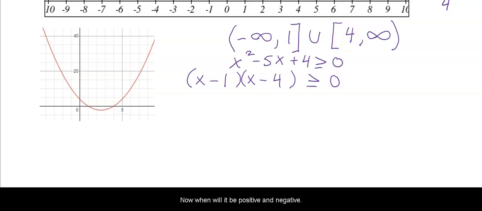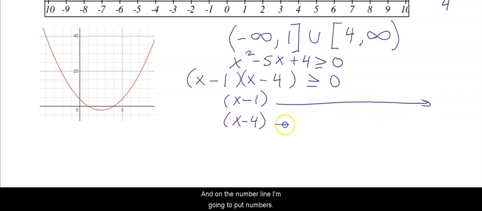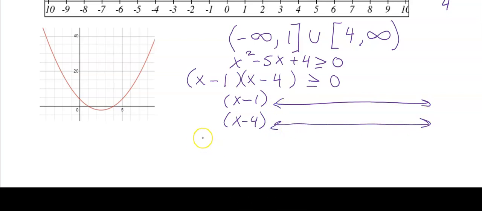Now, when will it be positive and negative? Again, there are various ways to do this, but I like to make sort of a table out of the factors in my problem. And then I'm going to draw a number line. On the number line, I'm going to put numbers that represent the values of the solutions for each factor.